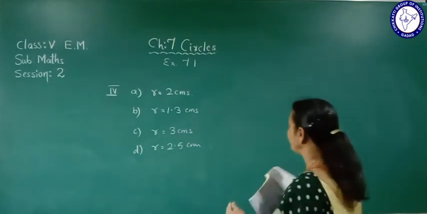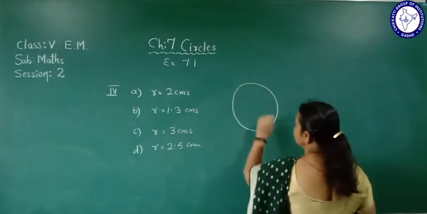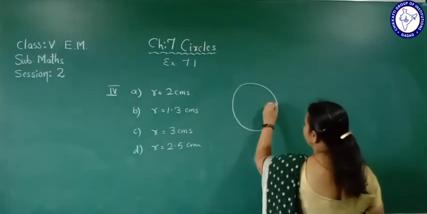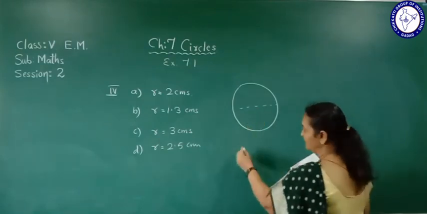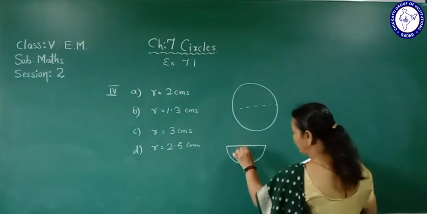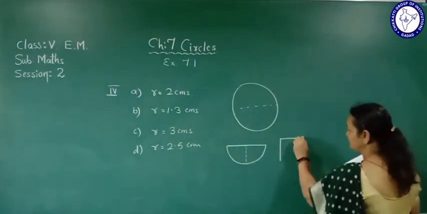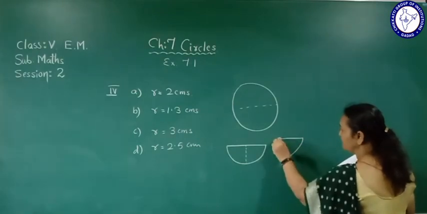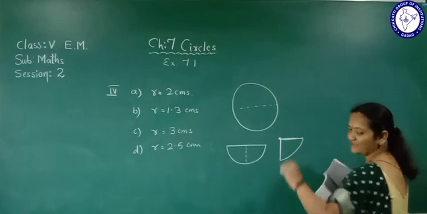Okay, if this is your chapati, fold along the half circle, then you will get a folded chapati. Again fold, then here you can find the center of the circle, then this is the radius.